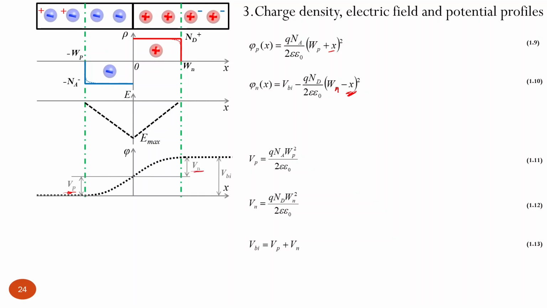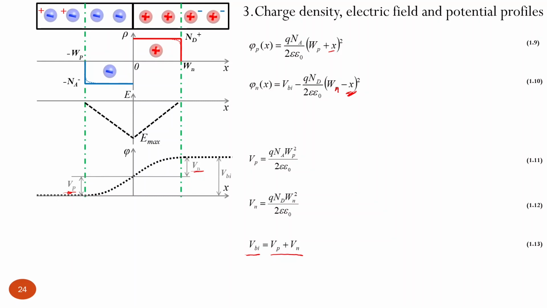Obviously, the total potential difference over the p-n junction will be Vbi, and that is equal to the sum of these contributions from each side of the p-n junction. That is what actually matters, because Vbi defines the height of the potential barrier.